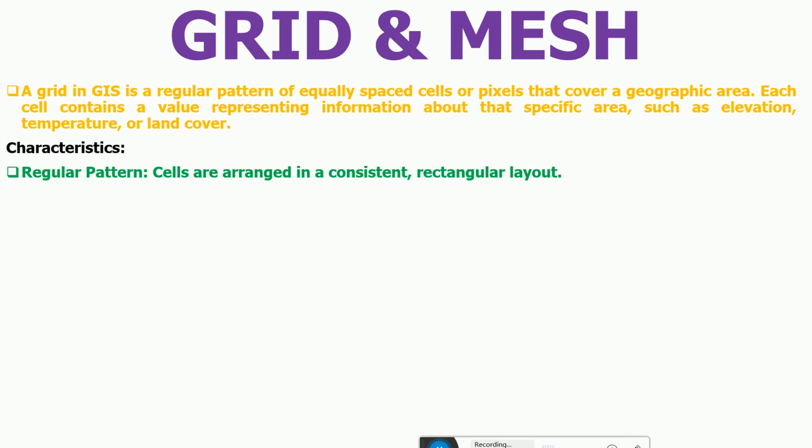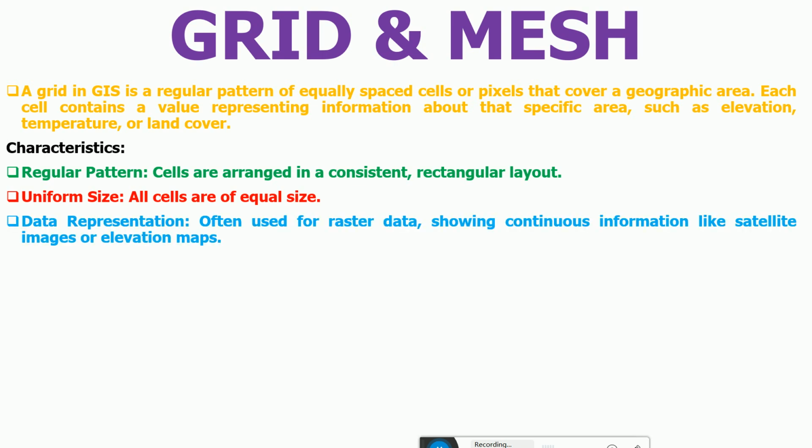Regular pattern means cells are arranged in a consistent rectangular layout, which we saw yesterday. Uniform size: all cells are of equal size. Data representation: often used for raster data showing continuous information like satellite images or elevation maps.